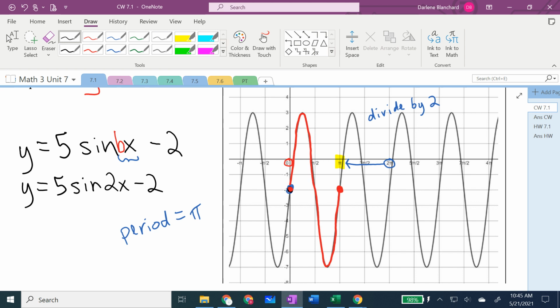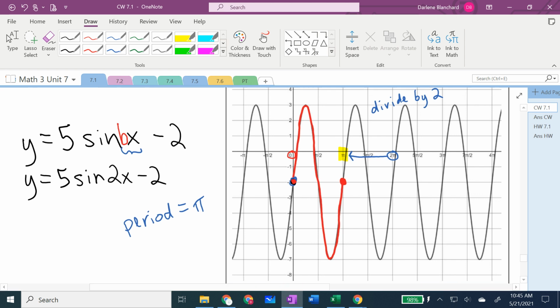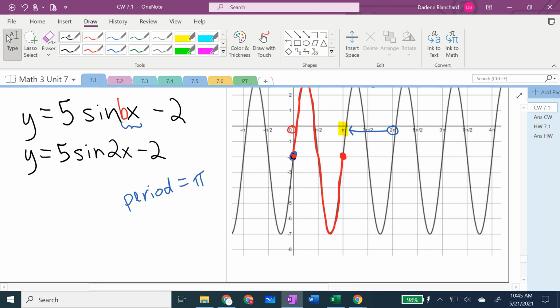Another way you can go about it is the formula for finding the period of a graph is equal to 2 pi divided by b, where this is your b.